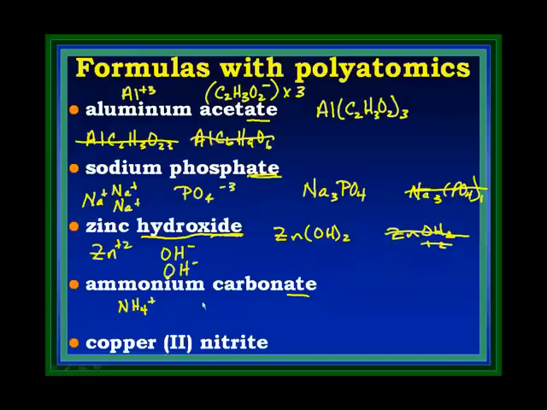You find carbonate on your golden sheet, CO3, 2-. Well, that means I'm going to need 2 of those ammonium groups, because they're +1, to cancel out the -2 of the carbonate. So parentheses, NH4, close the parentheses 2, and then CO3, like that.